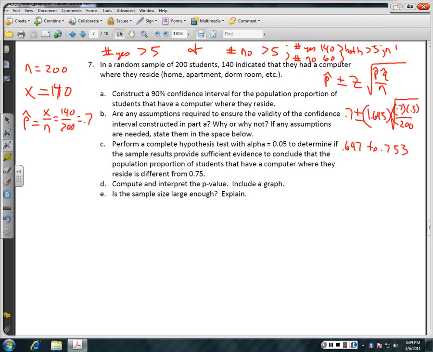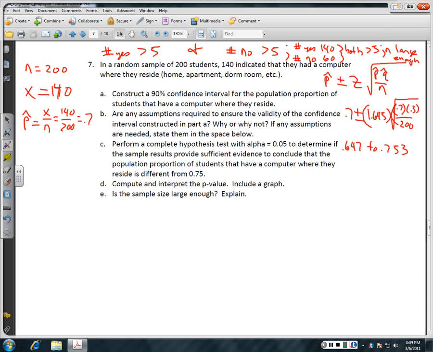N is large enough. No assumptions other than that you have a random sample, which it already says here, are required. We have a random sample, and our sample size is large enough. So that really takes care of B and E. I don't know why I wrote both of them on there.